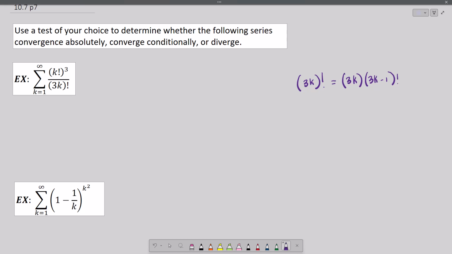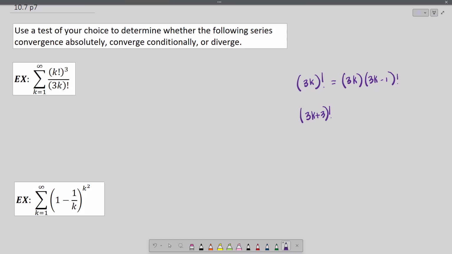Another thing I'll write up here is that if you replace k with k plus 1, that's going to be 3k plus 3 factorial. Everyone tracking that? It's all inside those parentheses, so it's going to be 3k plus 3 factorial.